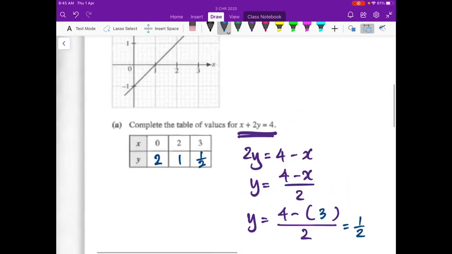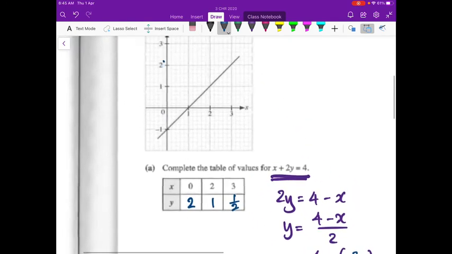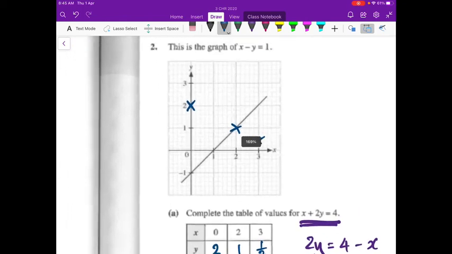Let's start with the first one. Block 0, level 2. Block 2, level 1. Block 3, level half. Once you have the 3 points, join. Join with a straight line. Label.